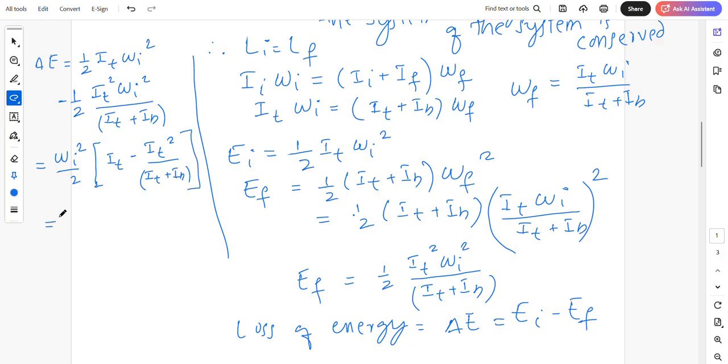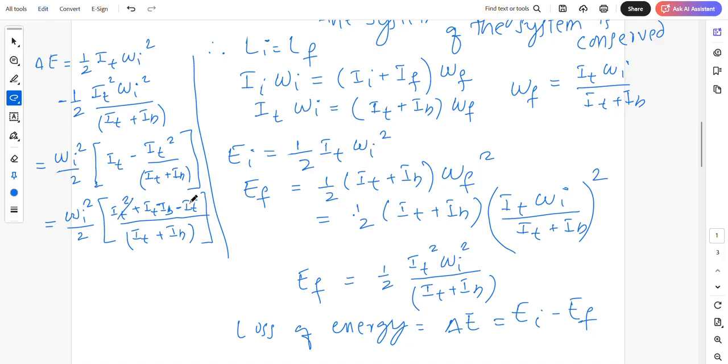Now this is simple algebra. If I take the LCM, IT plus IB in the denominator, here I can write IT square plus ITIB minus IT square.